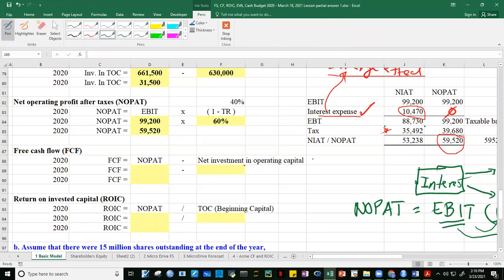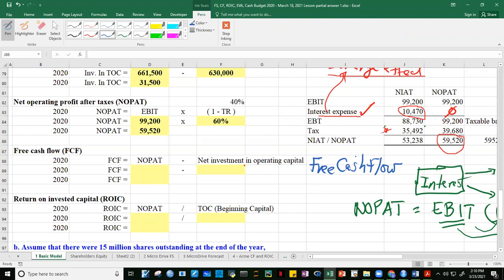Yung free cash flow. Okay? So it's cash flow available for distribution, no?